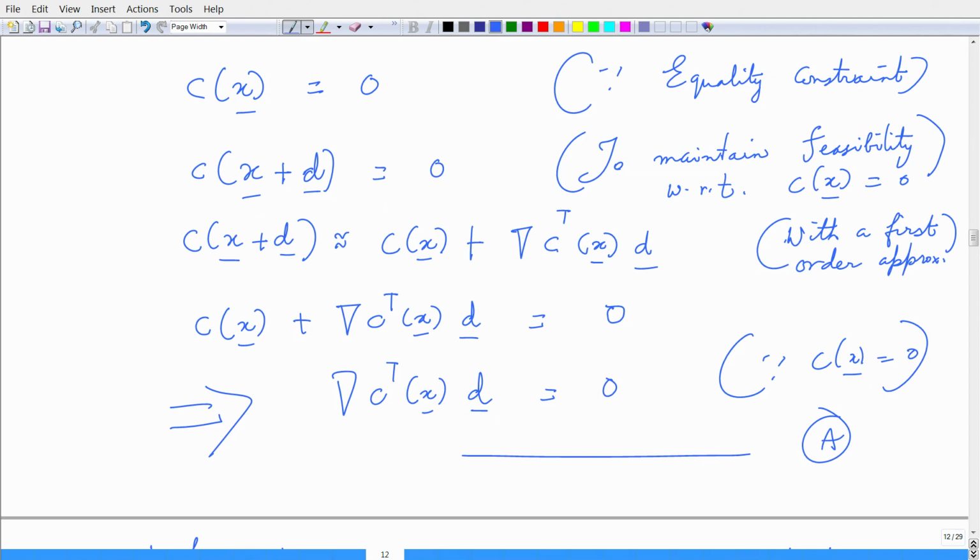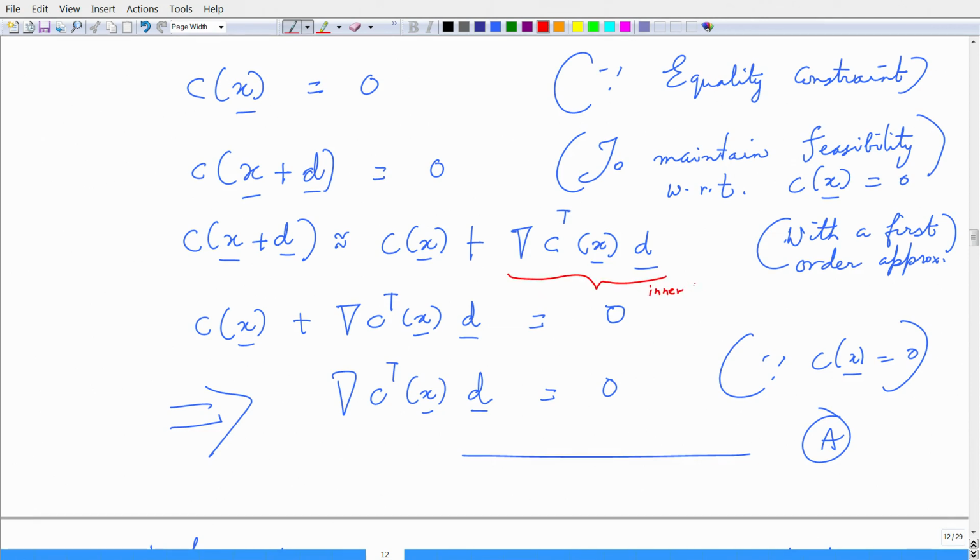Now C of x plus d, by expanding using a Taylor series up to a first order approximation, is approximately equal to C of x plus the gradient of C evaluated at x transposed times vector d. This is basically an inner product between del C and the direction.